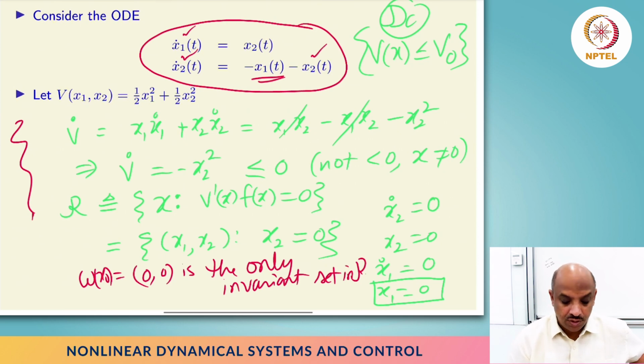And of course, we have Lyapunov stability from the fact that V dot is less than or equal to 0, and we have convergence. Both combined together, we can conclude that this zero solution is indeed asymptotically stable. So this is a cool way of showing asymptotic stability, without ever requiring V dot strictly less than 0.